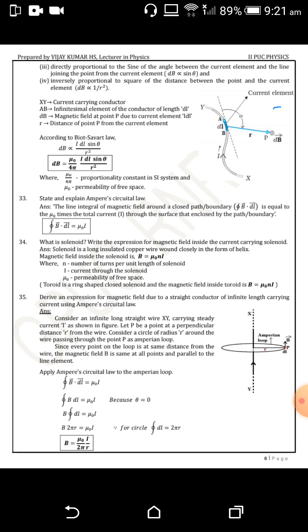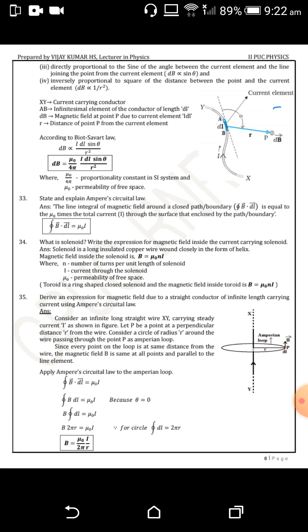The definition is: a solenoid is a long insulated copper wire wound closely in the form of a helix. So you take a cylindrical object, on that cylindrical object you wound the insulated copper wire very closely in the form of a helix.